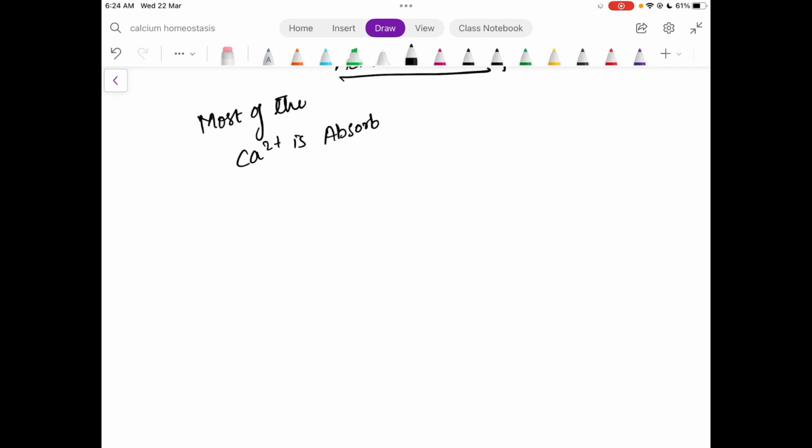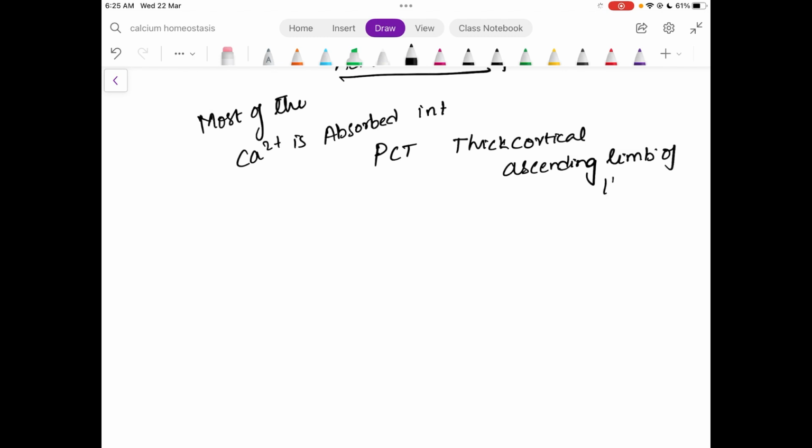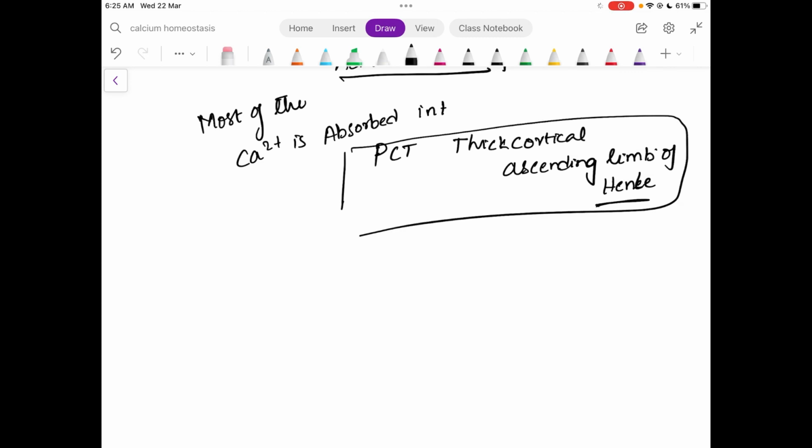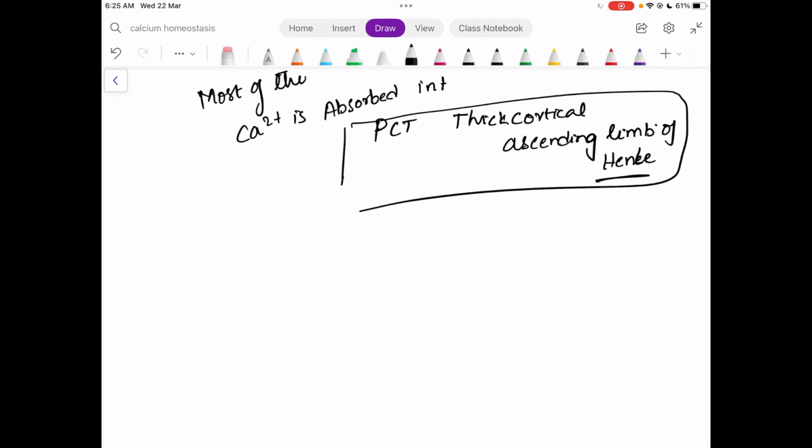Most of the calcium is absorbed in the proximal convoluted tubule and the thick cortical ascending limb of Henle. So in these, most of the calcium is absorbed.